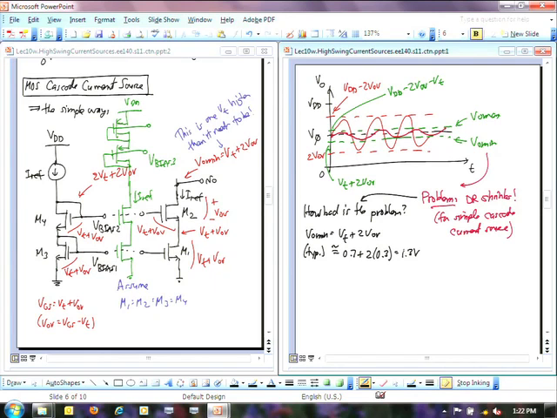And this is a lot. In a 2-volt supply, right? So if you had a 2-volt supply, this is taking away more than half of your voltage there. Right? Let's call it a 2-volt supply technology.